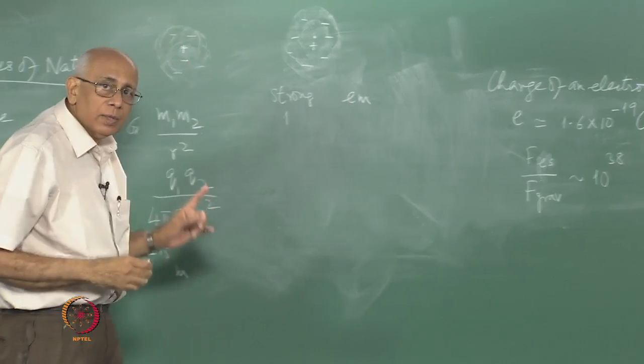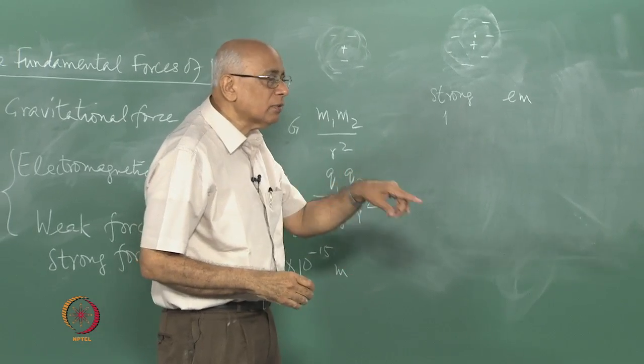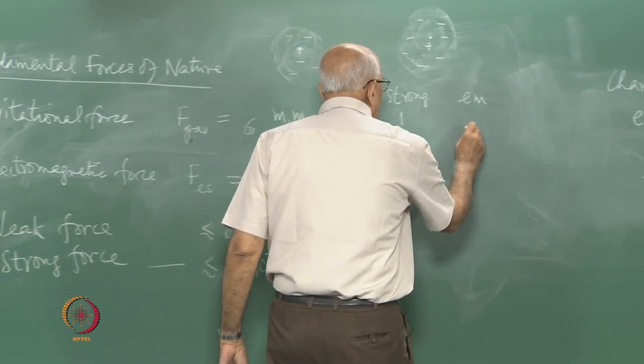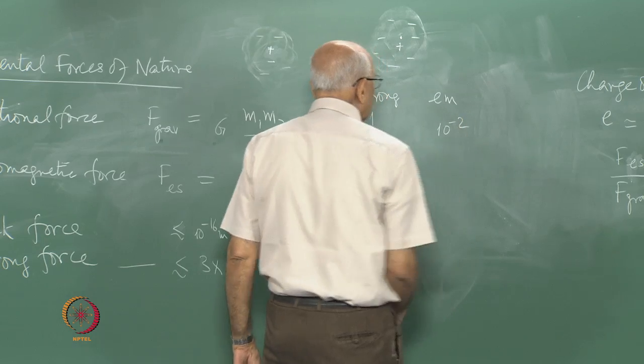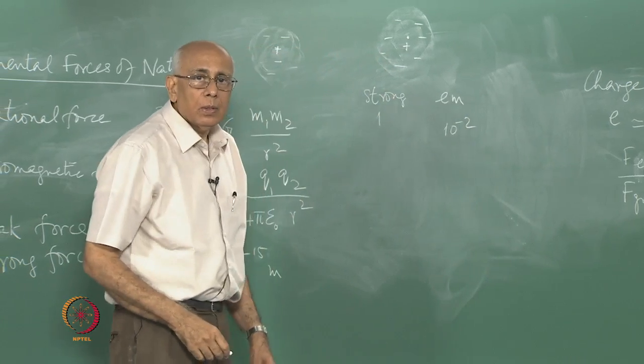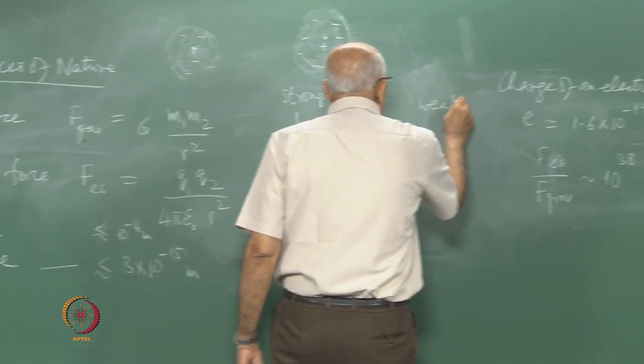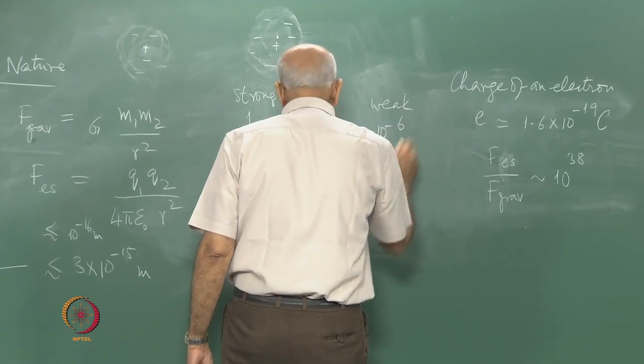then relative to this 1 for the strong force, the relative strength of the electromagnetic force under appropriate conditions of comparison is of the order of 10 to the minus 2. On the same scale, the weak force has a strength of about 10 to the minus 6.